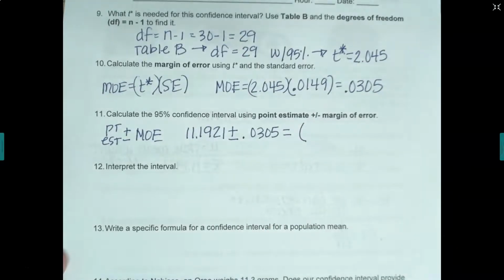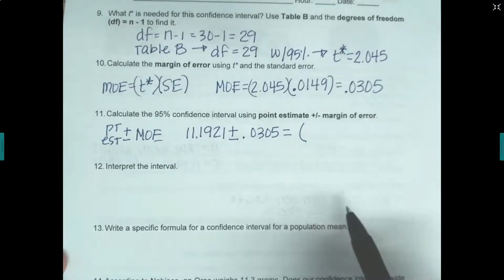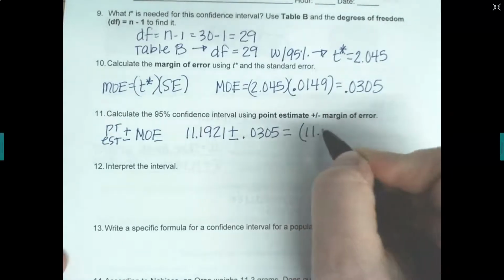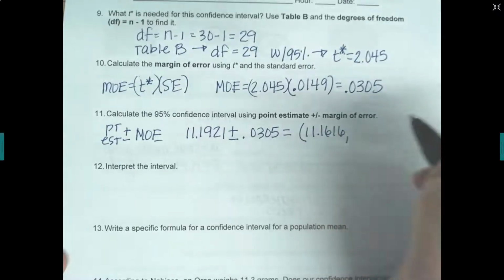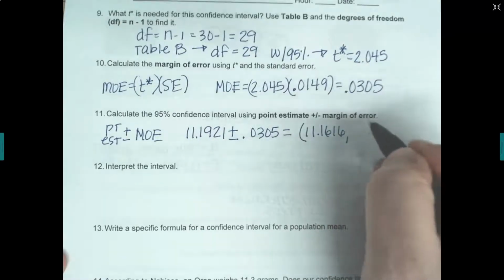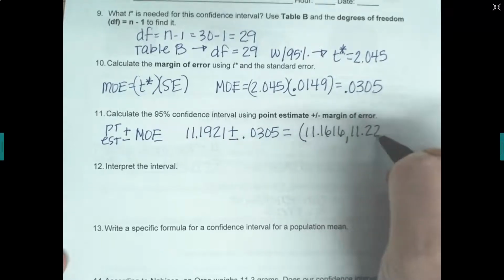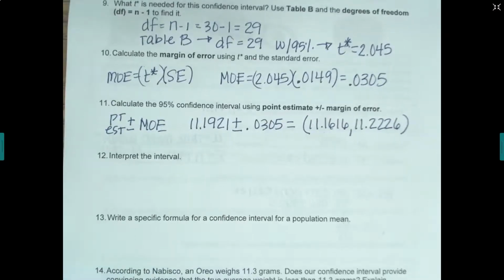You should always put these in order, smallest to biggest. When I subtracted, I got 11.1616, and when I added the margin of error, I got 11.2226. So that's our confidence interval for the means.